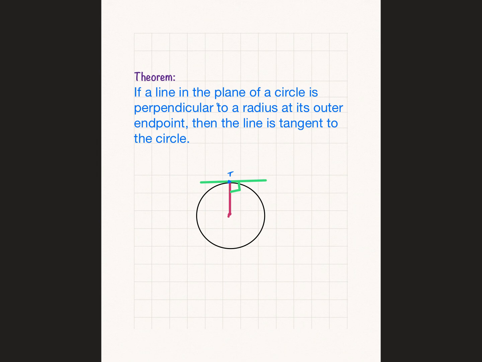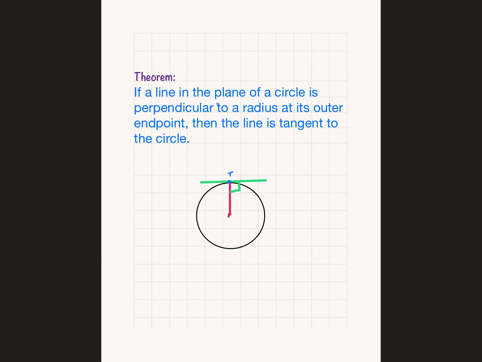Then we have this theorem. This one is a converse. If a line in the plane of the circle is perpendicular to the radius at its outer endpoint, then the line is tangent to the circle. This is the converse of that first theorem.